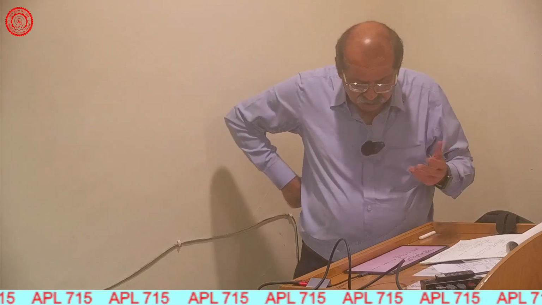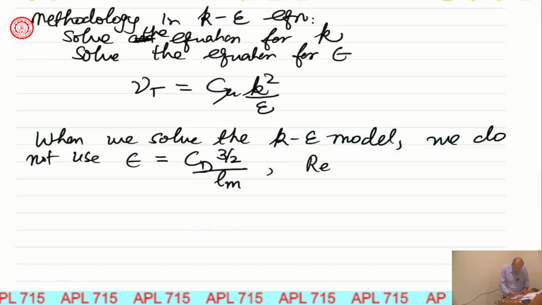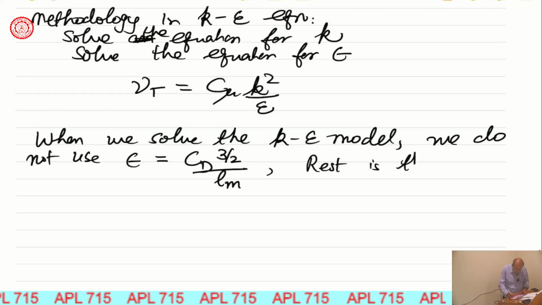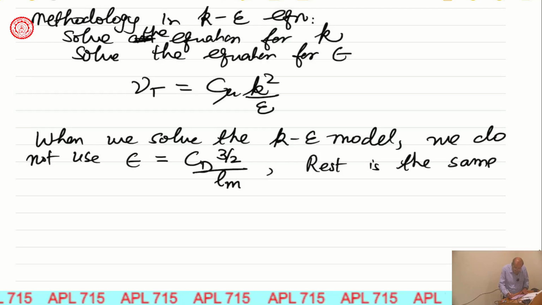We do not use epsilon is equal to CD k to the power of 3/2 times LM. Rest is the same.